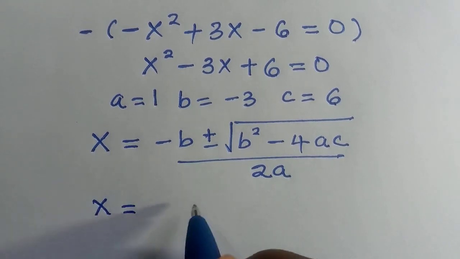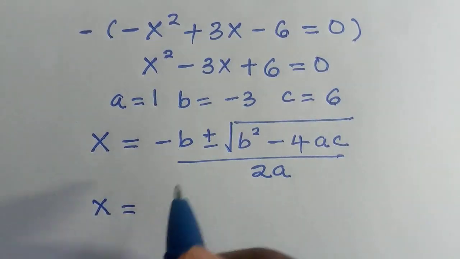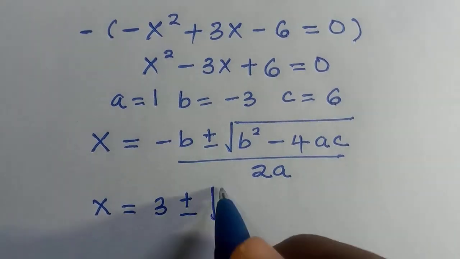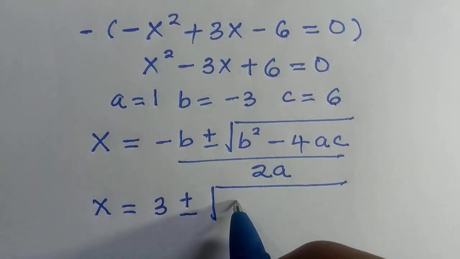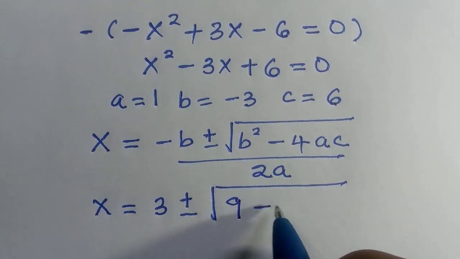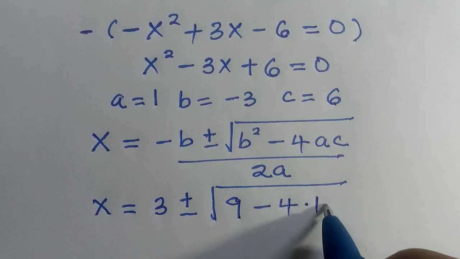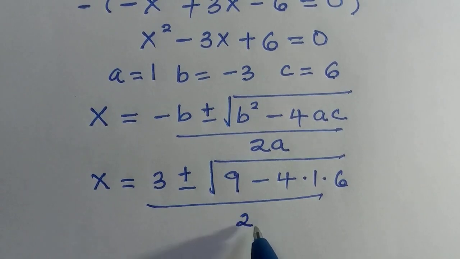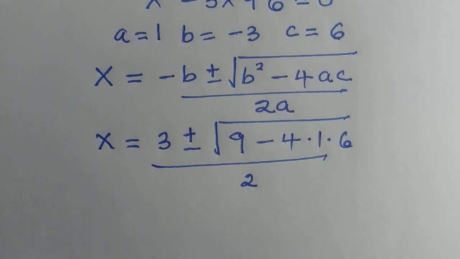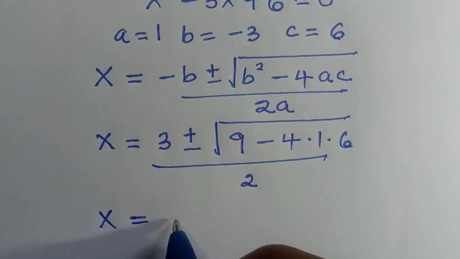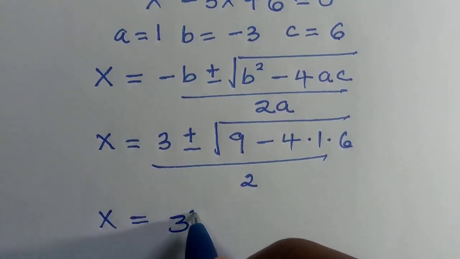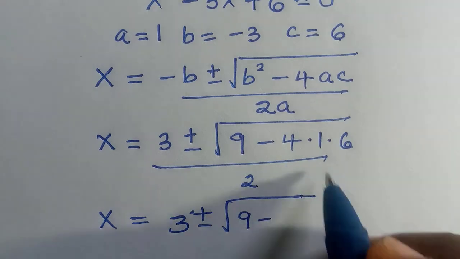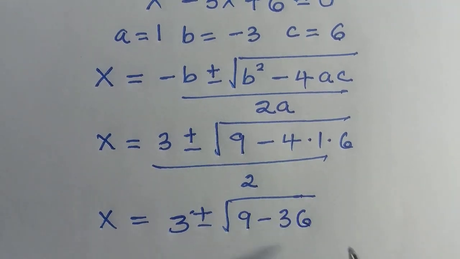We have x equals, this is minus already, this is another minus, it becomes 3 plus or minus square root of, so minus 3 squared is 9, minus 4 multiplied by 1 multiplied by 6, divided by 2 multiplied by 1, that is 2. So here we have x equals 3 plus or minus square root of 9 minus, here gives us 36.